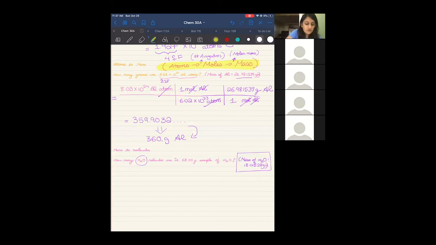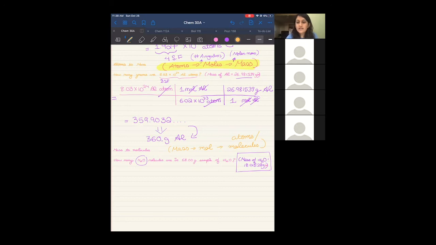So I'm going to write that here first, and then I'll go to the next one. So it's mass to moles to molecules. Thank you very much. Also, the one where we put atoms in place of molecules, it is kind of correct if you think about it, because the number is the same, but instead of atoms, we just put molecules. That's the only difference, but I can go into more detail about that too.